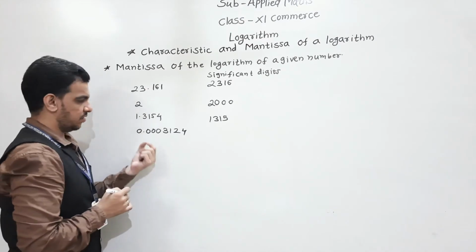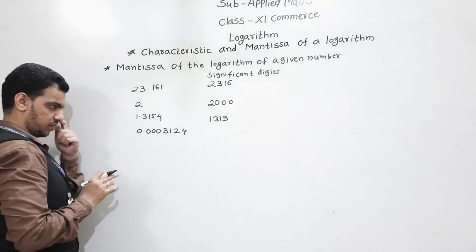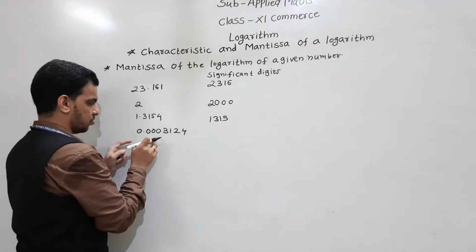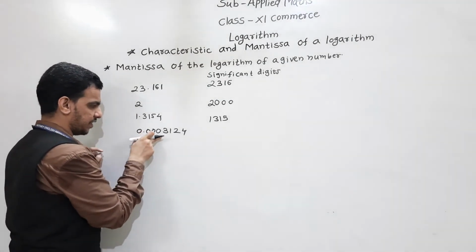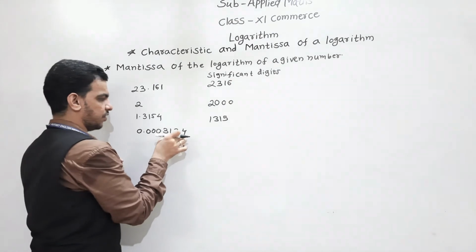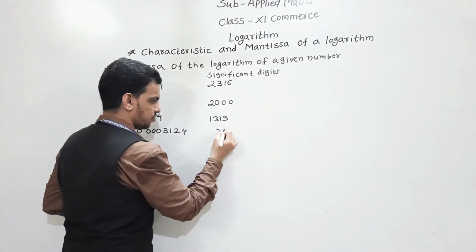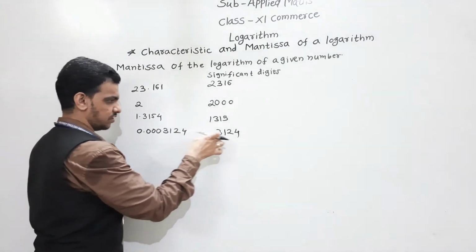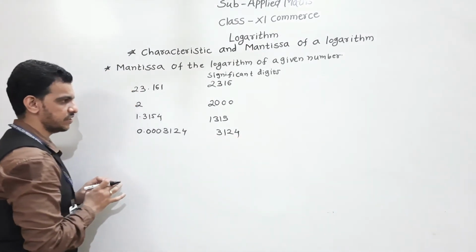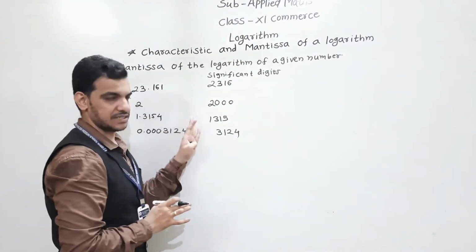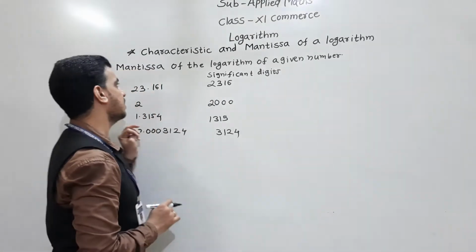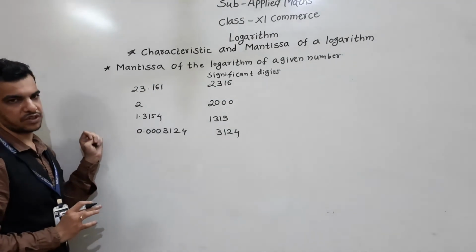Then we have to consider the first four non-zero digits. These zeros we cannot consider, only these four non-zero digits, 3124. These are called significant digits, and by using these significant digits we have to find the mantissa of the logarithm of the given number.